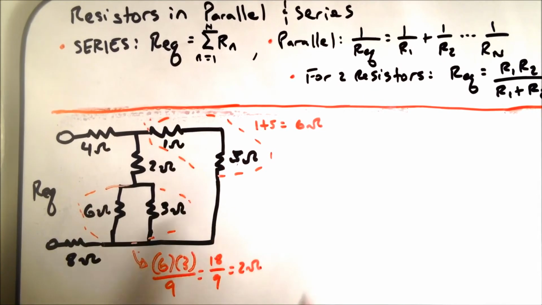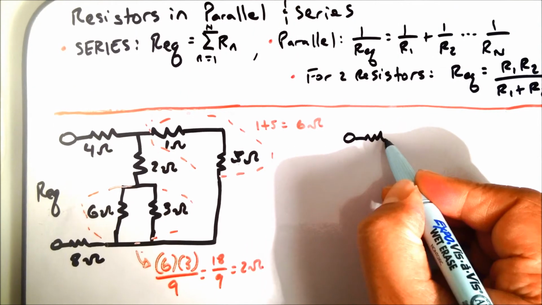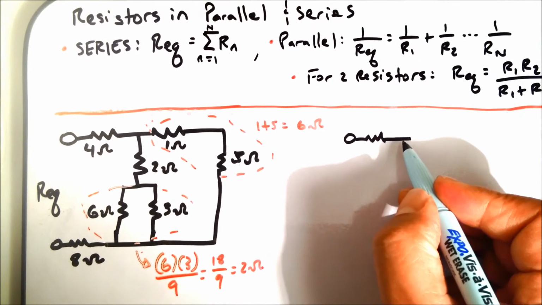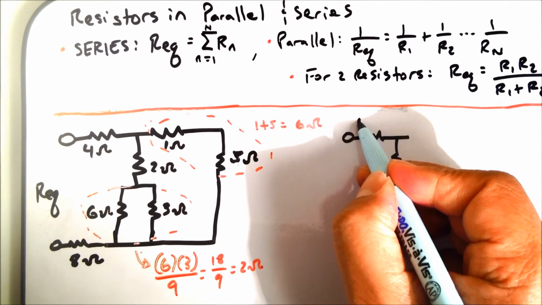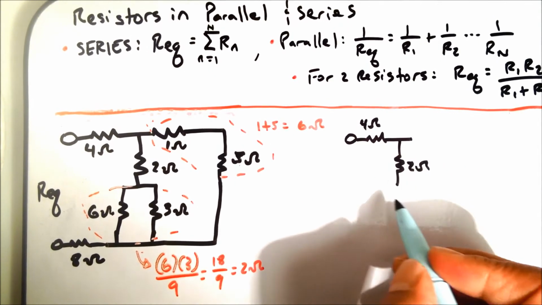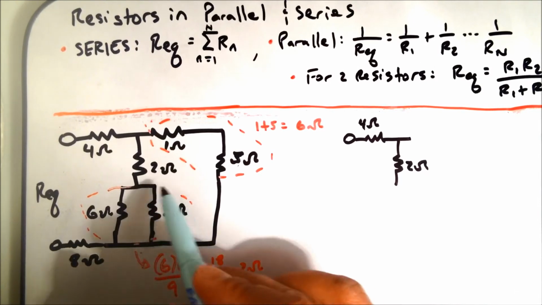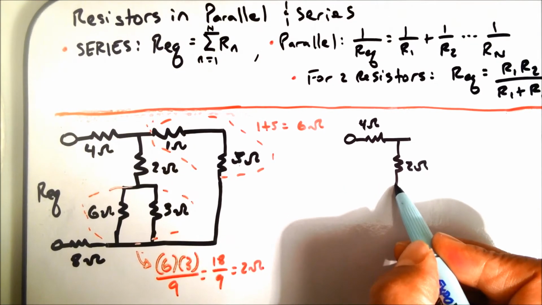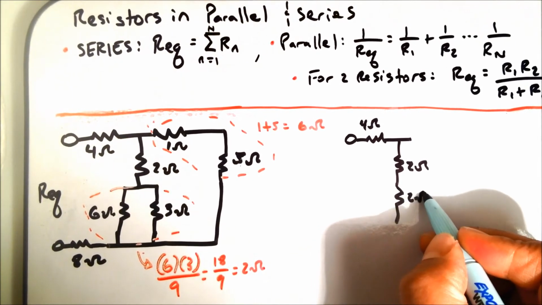Okay, so let's go ahead and rewrite this now. We have our 4 ohm resistor still there, and then we have our 2 ohm resistor here. So 4 ohms, 2 ohms, just so we don't lose them. And now we're going to replace these two resistors in parallel with an equivalent resistance, which we calculated to be 2 ohms.